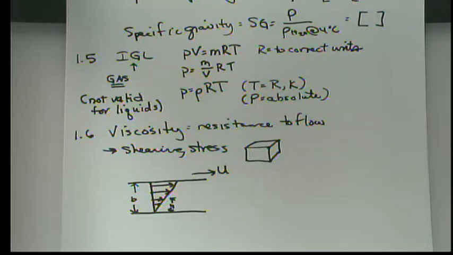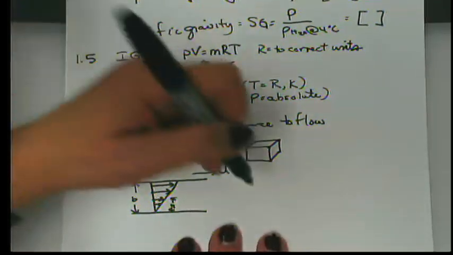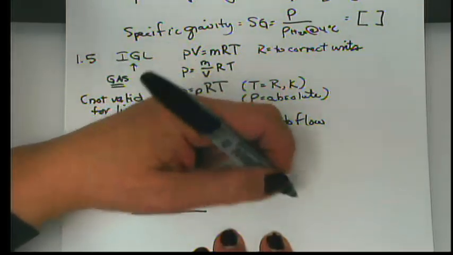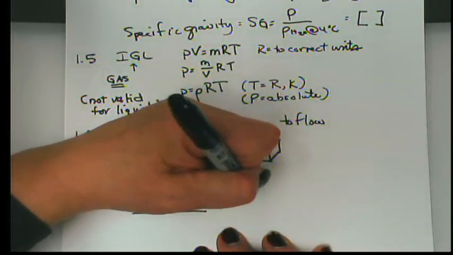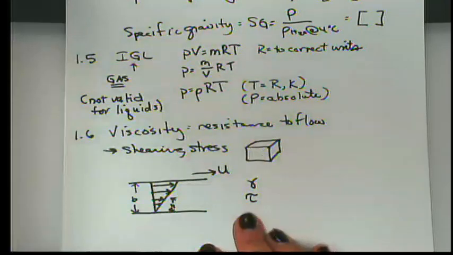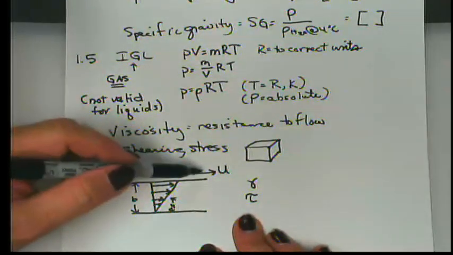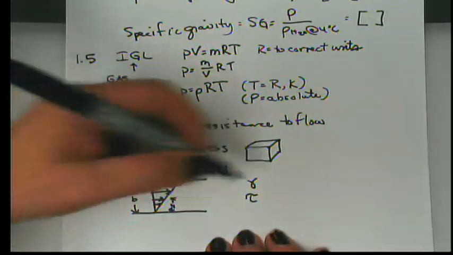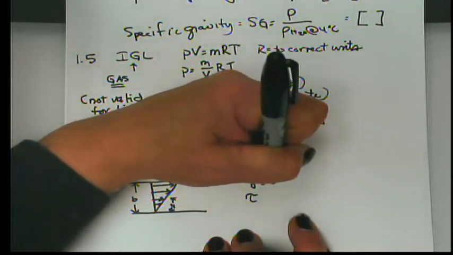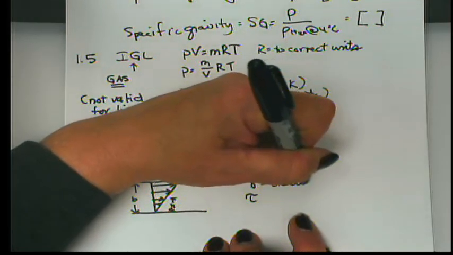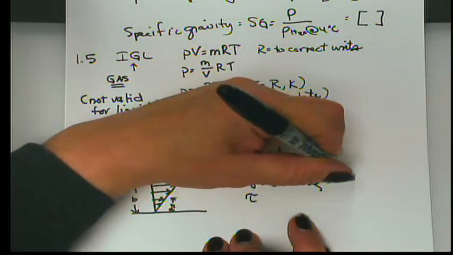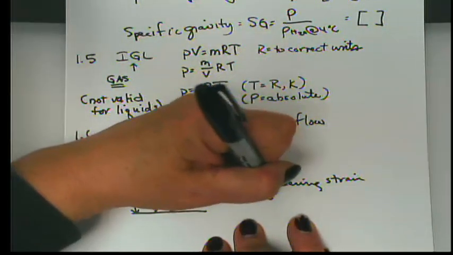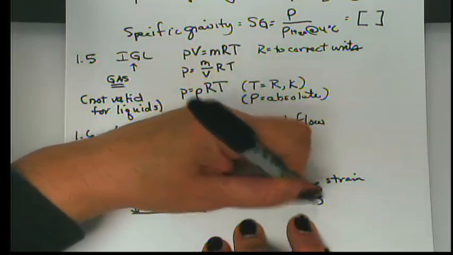So what we look at then is two different variables. We call one gamma, and we call one tau. And these go along with the variables u, b, and y. Gamma is the shearing strain, which is some sort of angular displacement based on tau, which is a shearing stress.